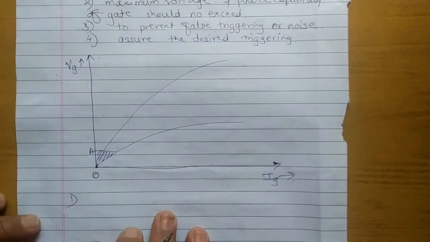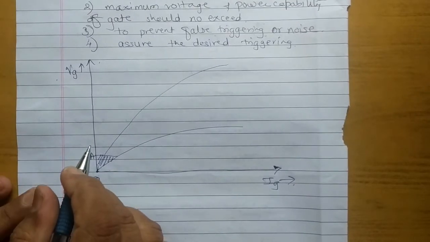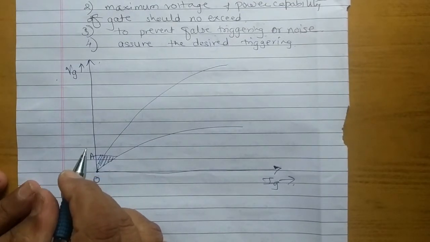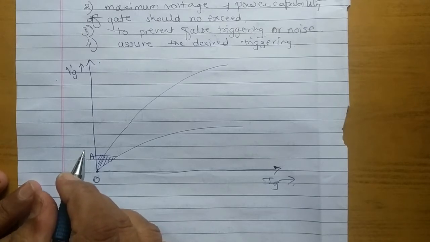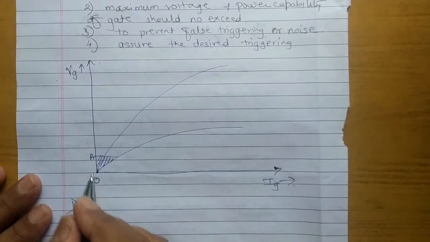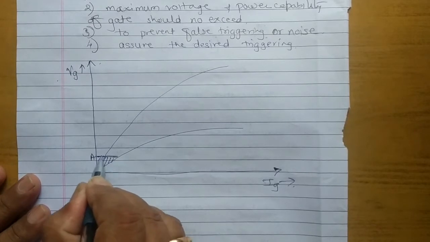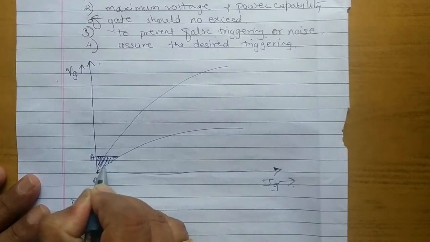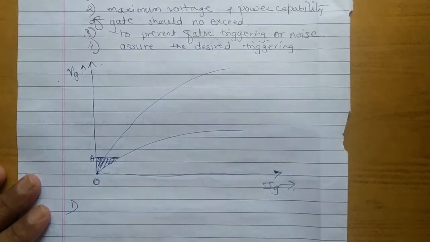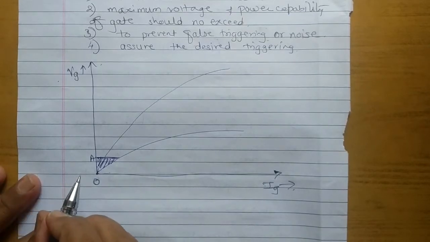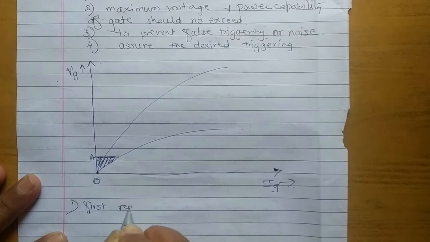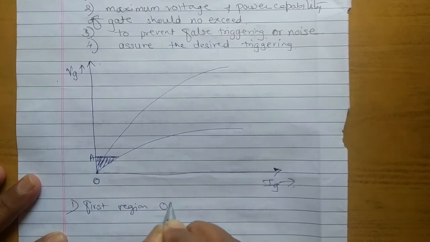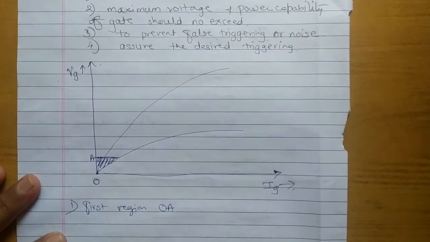If any false signals are there, like noise or surge currents, those having amplitude in this region can be tolerated.